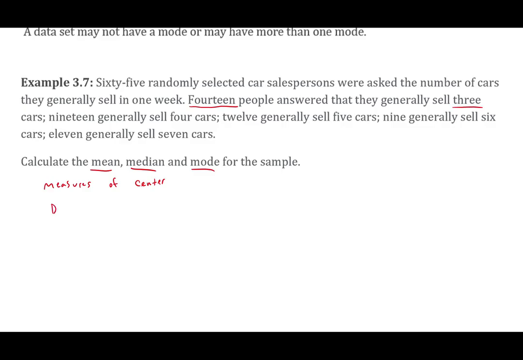Our variable is number of cars sold, and we know this because in order to answer the question, we would walk up to a car salesperson in the sample and ask them, how many cars did you sell in 1 week? We could list these all out. We would have 3, 3, 3, 3, 3, 14 times.